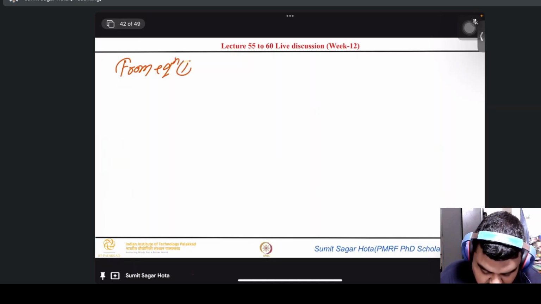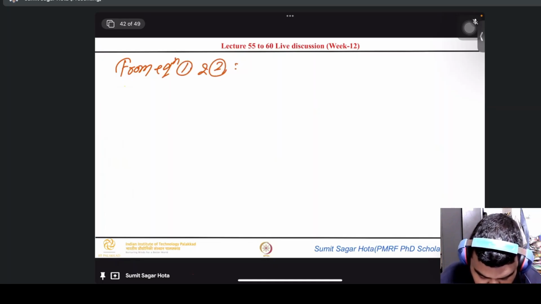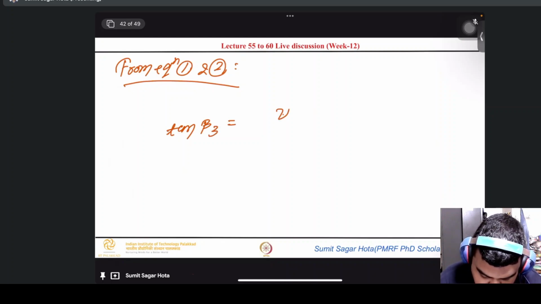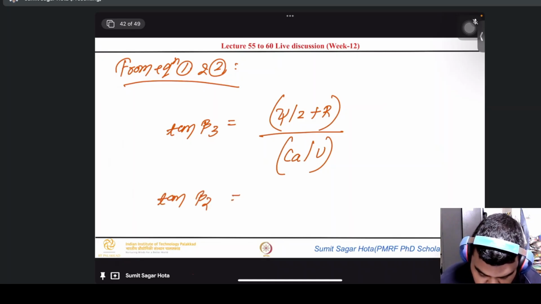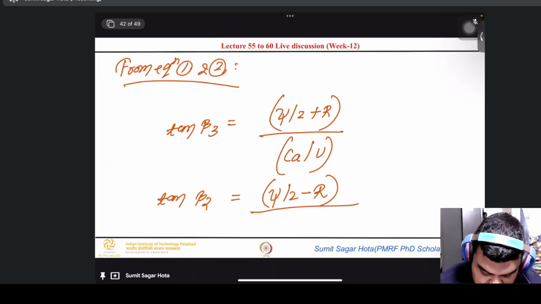From equations 1 and 2, tan beta 3 is equal to (psi by 2 plus R) divided by Ca by U, and tan beta 2 is equal to (psi by 2 minus R) divided by Ca by U.